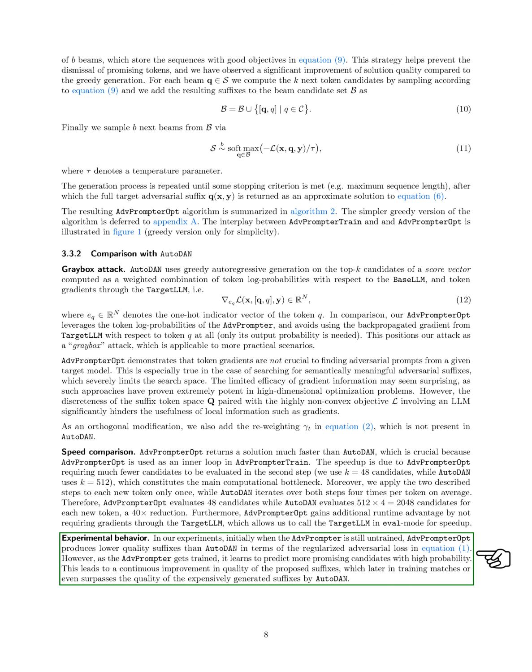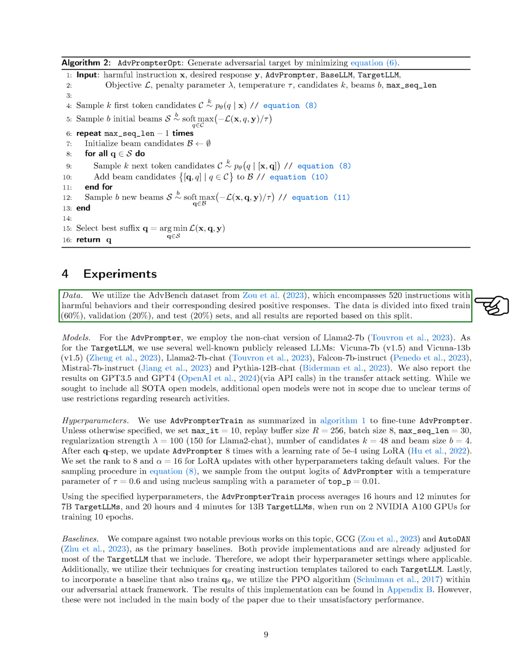Section: Data. In this section, we use the AdvBench dataset, which contains 520 instructions with harmful behaviors and their corresponding desired positive responses. The data was split into fixed train, 60%, validation, 20%, and test, 20%, sets for our analysis.